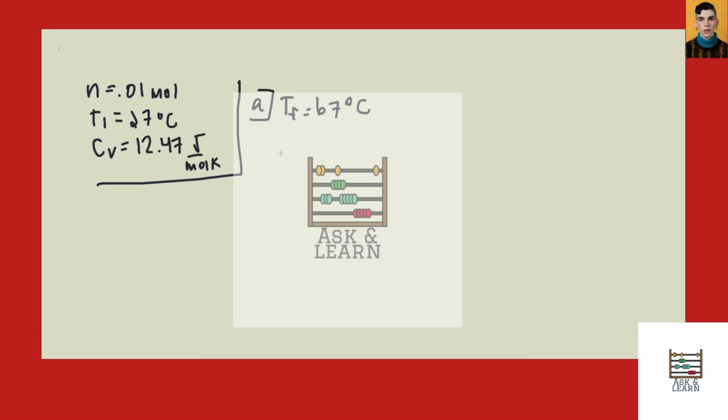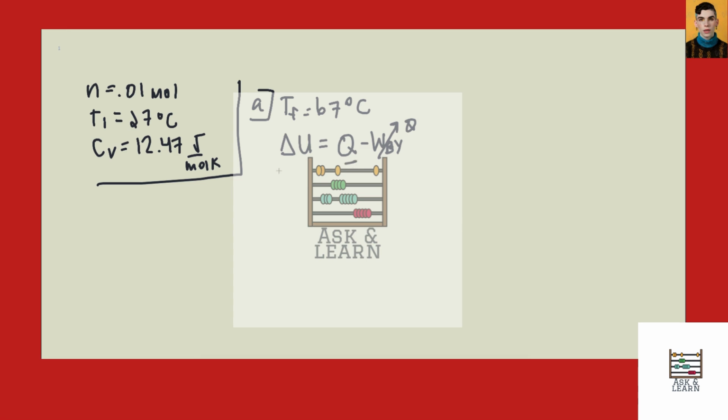And so if the volume stays the same, what's the heat? Well, to find heat for an ideal gas, you generally want to go to this formula. The delta U is Q minus the work done by the gas. In this case, this term is zero because work is the area under the curve for a PV diagram, and the area is zero if the change in volume is zero.